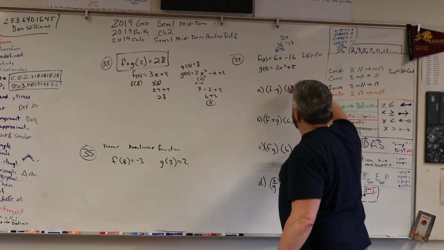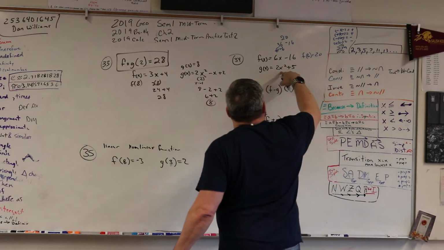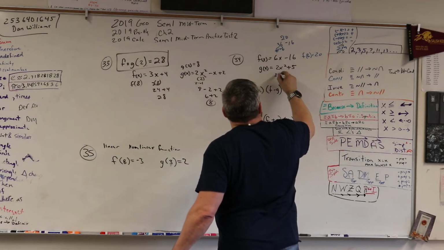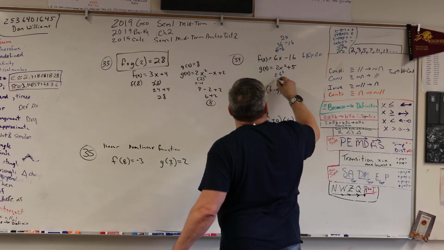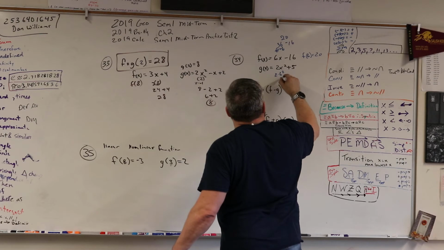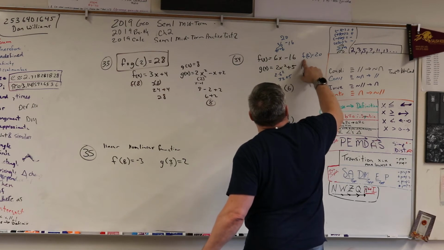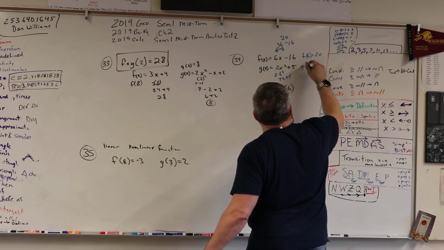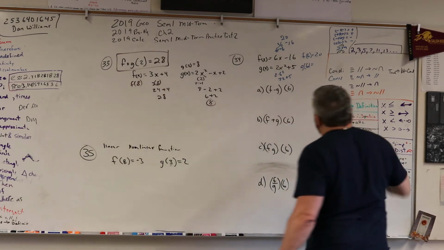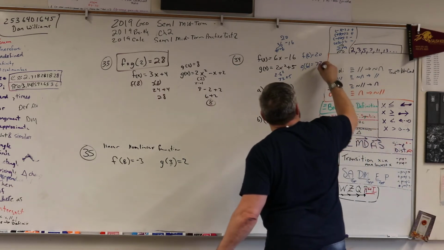G of 6. Well, g of 6, that would be 2 times 6 squared, which is 36 times 2, which is 72, plus 5. So g of 6 is equal to 77.